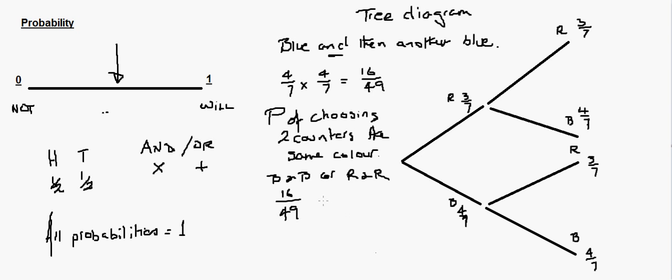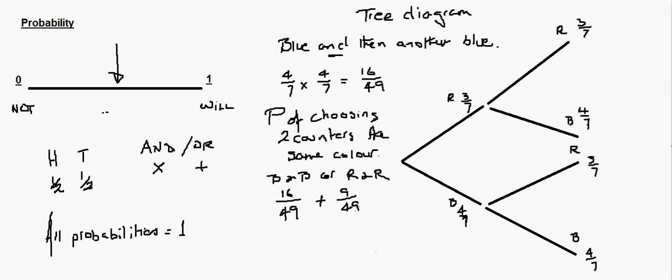Now or means we're going to add whatever the probability of a red and a red is. Now a red and then a red, this will be 3 over 7 multiplied by 3 over 7. Now 3 over 7 times 3 over 7 is 9 over 49.